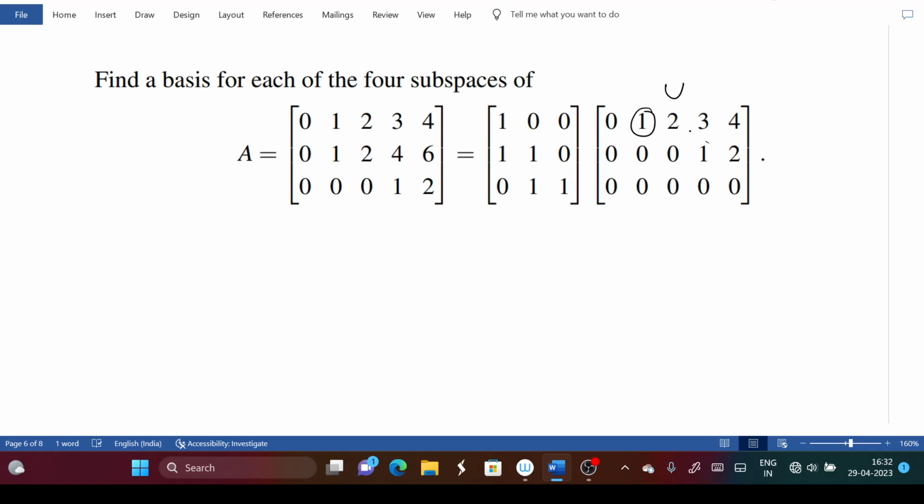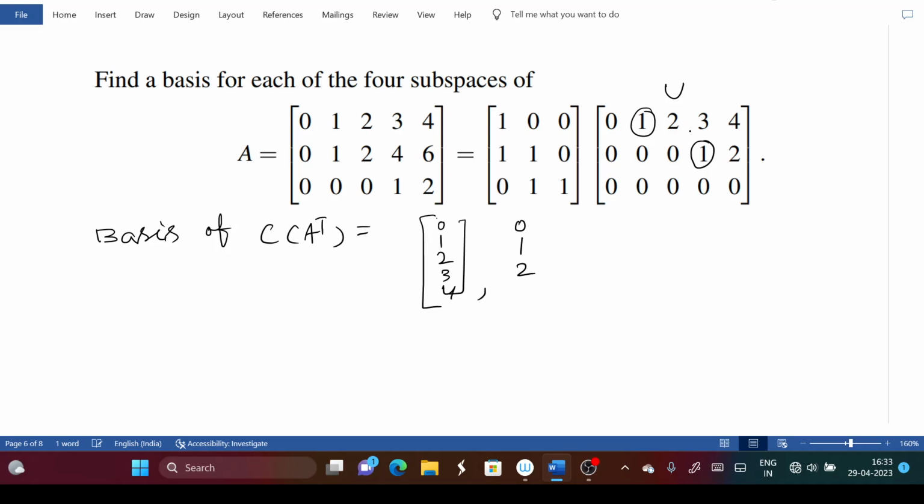So first pivot, second pivot. So here basis of row space is 0, 1, 2, 3, 4 and the second row, that is 0, 1, 2, 4, 6.